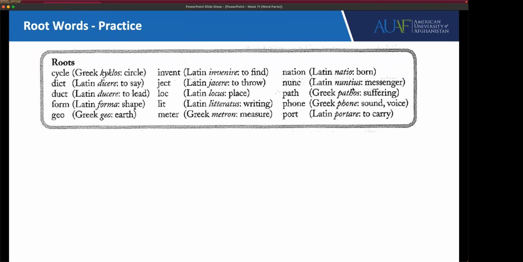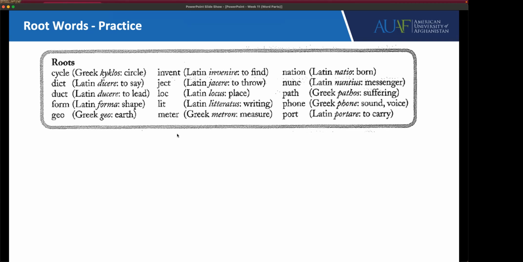Nunc, which is Latin for nuntius, messenger, announce. I don't know about that one, let's skip that one. Path, which is Greek for pathos, suffering, pathology. Phone, which is Greek for sound, telephone, right? And port, which is Latin for carry, teleport.